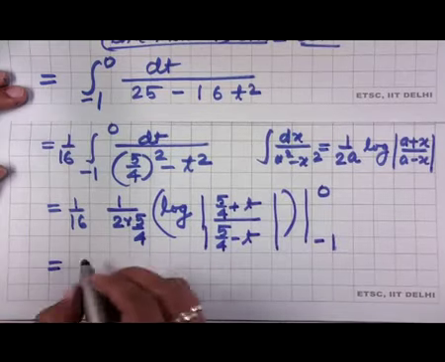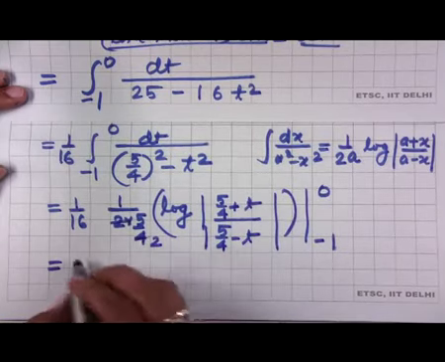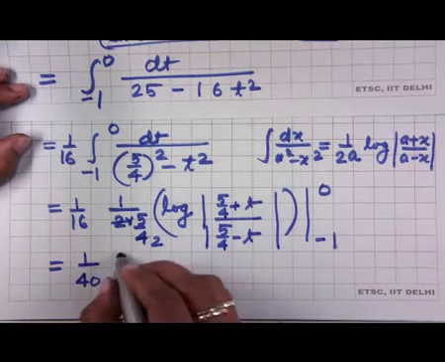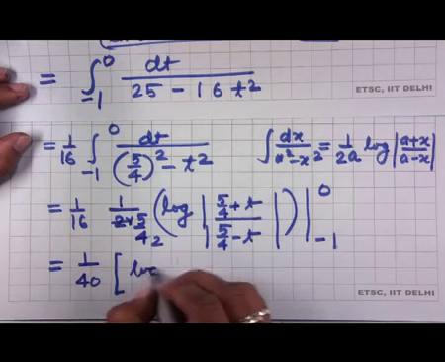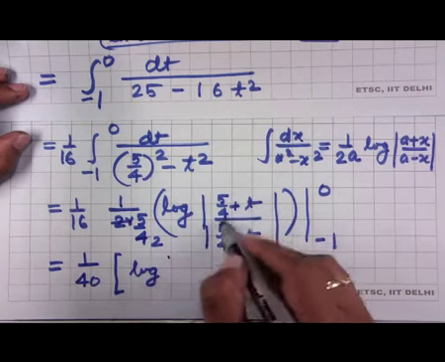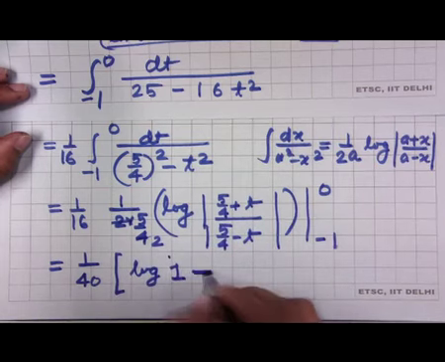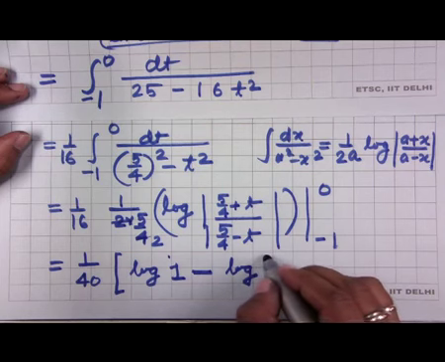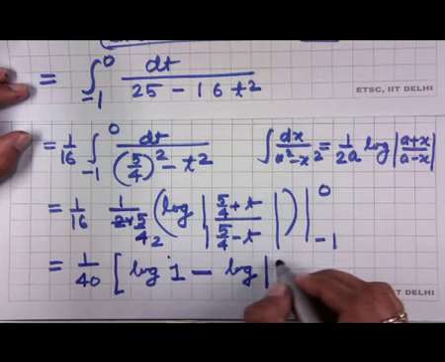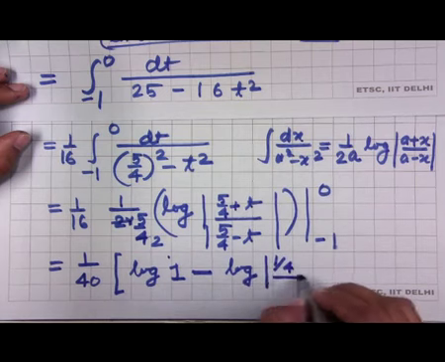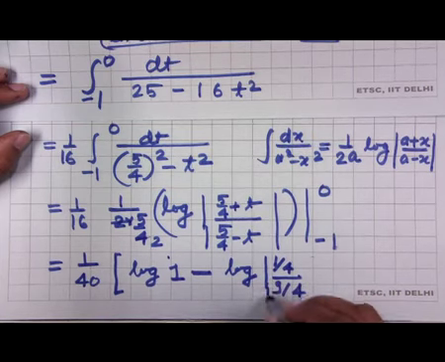So you get 1 by 40 log of, at 0 you will get 5 by 4 by 5 by 4, so log 1, minus log, at minus 1 you will get 1 by 4 and 9 by 4.